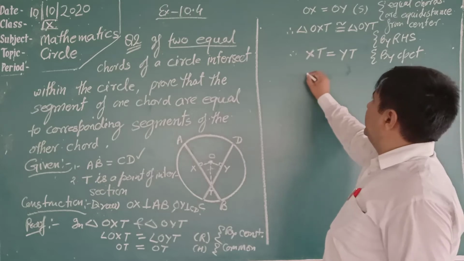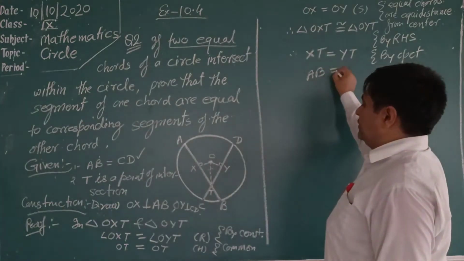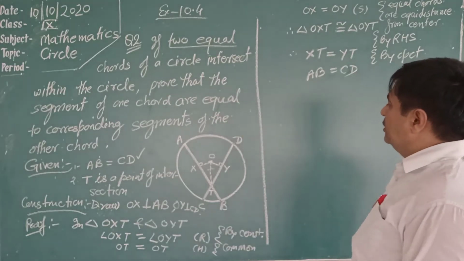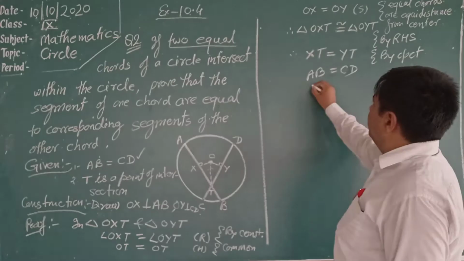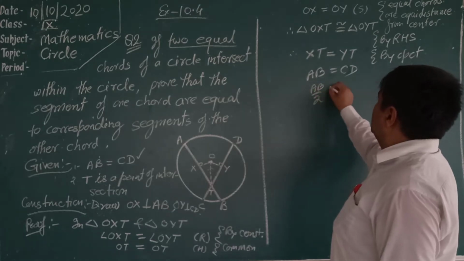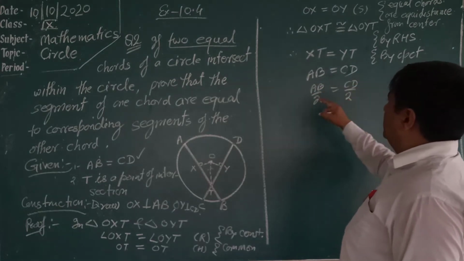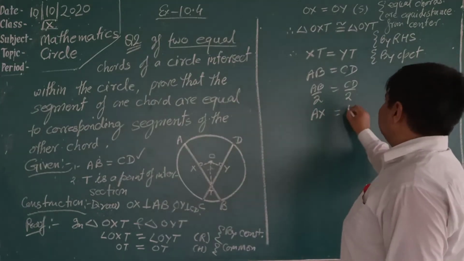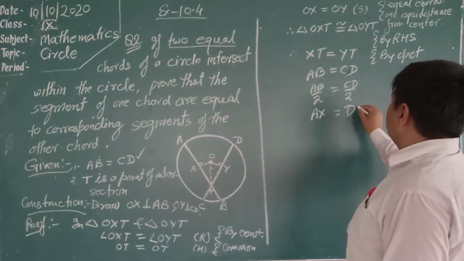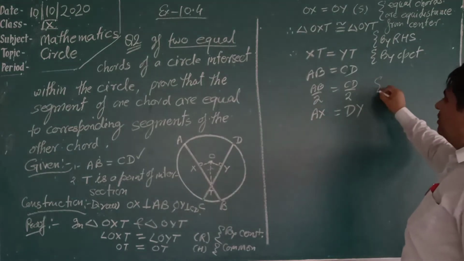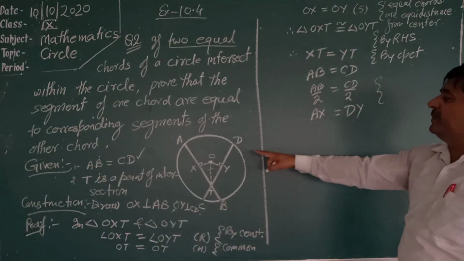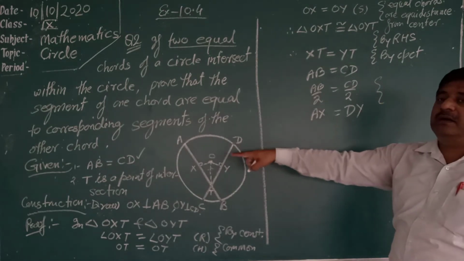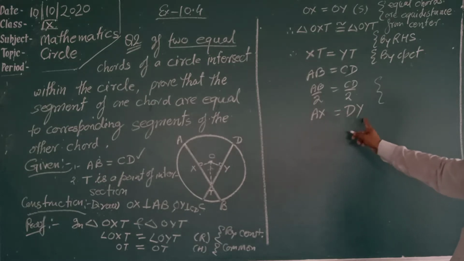And we know that AB is equal to CD, it is given because they are two equal chords. So if we divide AB by 2 and CD by 2, AB by 2 is AX, and CD half is DY. Why? Because a perpendicular drawn from the center divides the chord into equal parts.